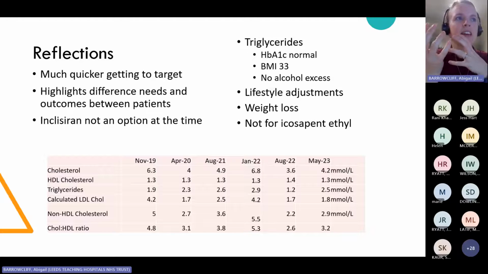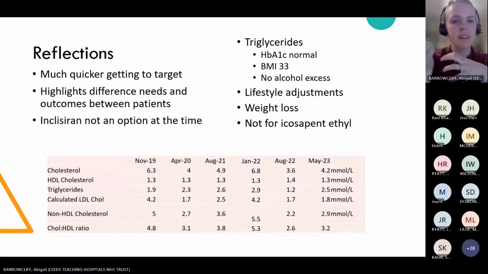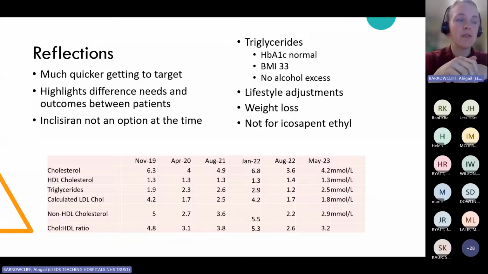I feel like this case further highlights different needs and responses for each individual person, and that not one process suits all. Another thing to note is that in this scenario for Mr. D, inclisiran would have been an option, but it wasn't available at the point in time that we offered PCSK9 inhibitors. And in those patients who were tolerating and responding well to PCSK9 inhibitors, we wouldn't switch.